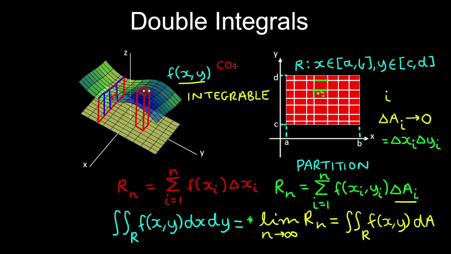So a continuous function throughout the rectangular region is integrable, and note that discontinuous functions are also integrable, such as those with discontinuities on a finite number of points or smooth curves. So for example, recall that we can evaluate the integrals of functions with jump discontinuities piecewise.